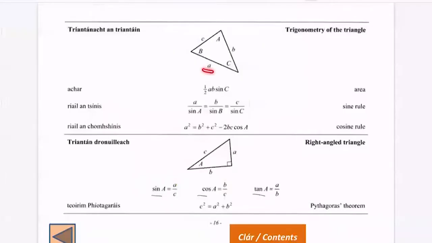Can you see side A is across from angle A, side C is across from angle C, side B is across from angle B. So to make a triangle, there's an inherent relationship between the size of angles and the sides across from them, okay? They are related. So that's why they work in pairs.